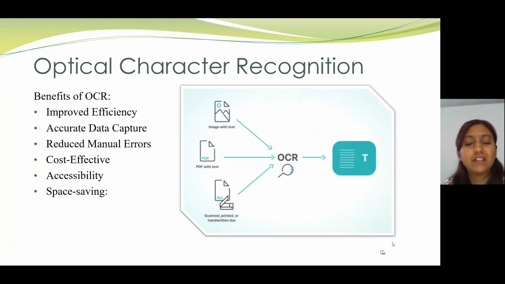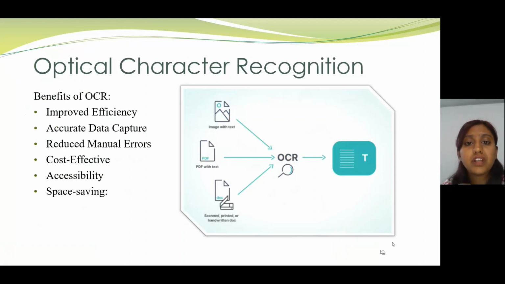It's a technology that allows the automatic conversion of handwritten or printed text into machine-encoded text. The software analyzes a scanned image of text and applies algorithms to identify characters, numbers, and symbol patterns.